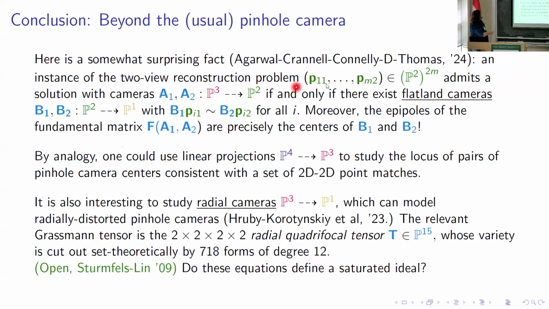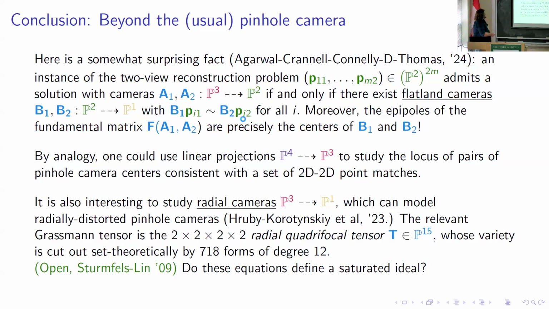One of the main results, which we were a little bit surprised by, is that if you have an instance of the 2-view reconstruction problem, given by 2m points in P2, then that has a solution with 2 cameras A1 and A2, if and only if there exist some flatland cameras B1 and B2, which project the 2 corresponding sets of points to the same points in P1. To remember this, just think reconstruction if and only if projectability.